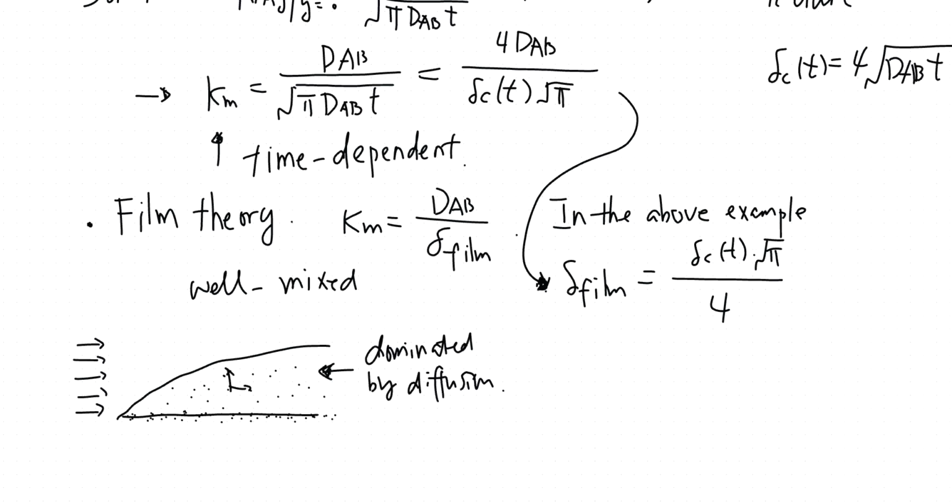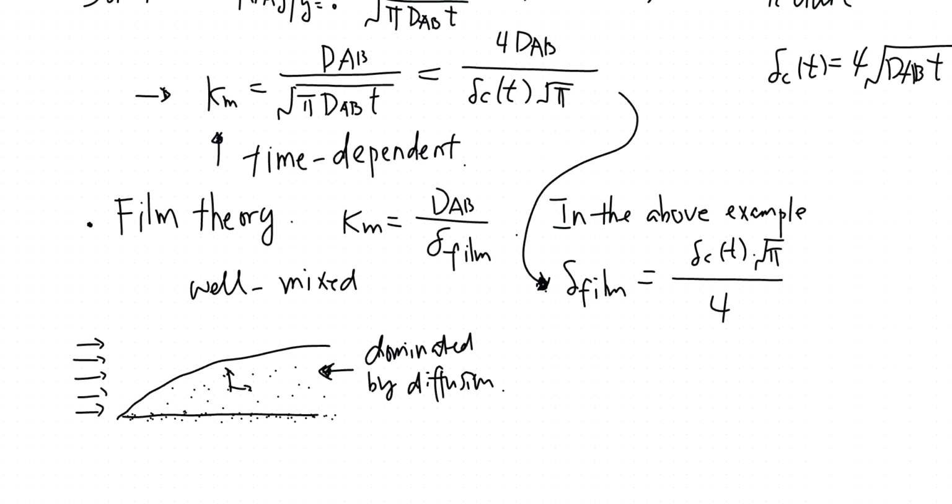It clarifies that the mass transfer coefficient depends directly on the solute diffusion, proportional to the diffusion coefficient DAB, and inversely dependent on the film thickness. The film thickness is not a fixed boundary; in this case it's also a function of time, but it's a notational construct that represents the resistance to mass transfer.